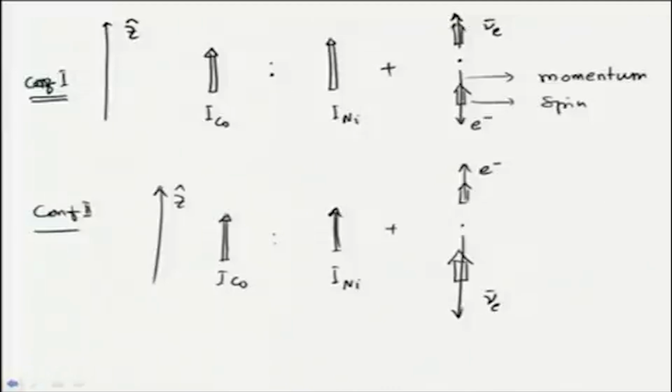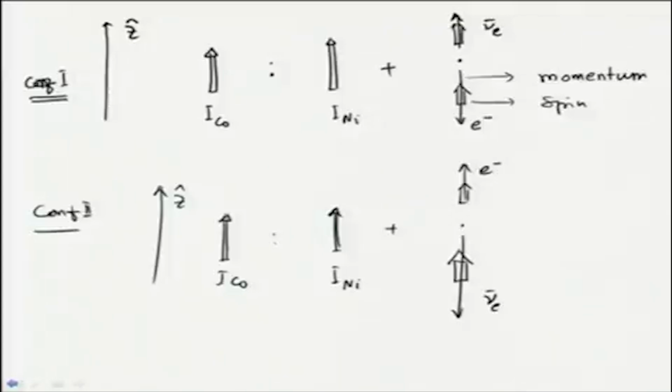When you apply parity on configuration 1, you get the spin of the cobalt unchanged, spin of nickel unchanged, spin of electron unchanged, spin of neutrino, antineutrino unchanged. Whereas, the direction of electron linear momentum is changed, goes to the opposite direction. In configuration 1, it was along the negative z direction, and in configuration 2, it is along the z axis. Similarly, for the antineutrino. So, you can get configuration 2 from configuration 1 by applying a parity operation.